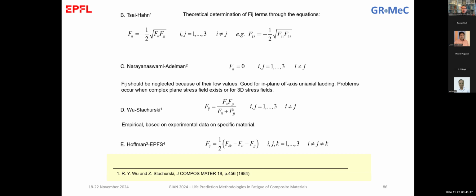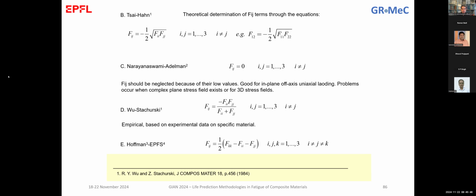So the question here might be, which one of these is best? And the response is the same response that we gave when we were discussing the best SN curve that has to be used. The best selection here is only related to the material data. So the best configuration is the one that fits the material behavior better.